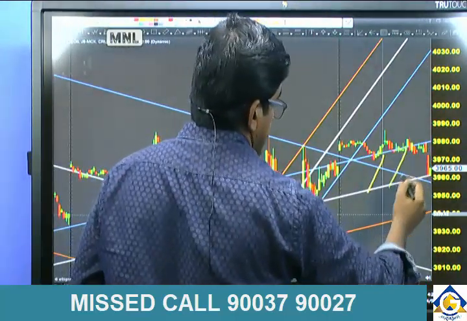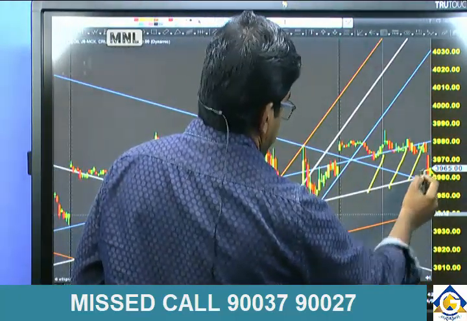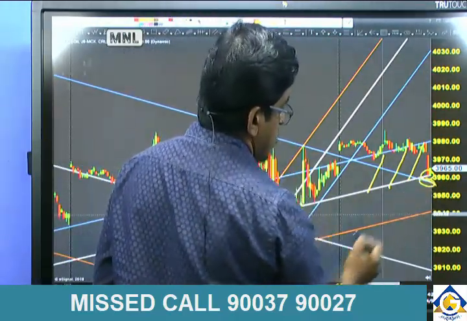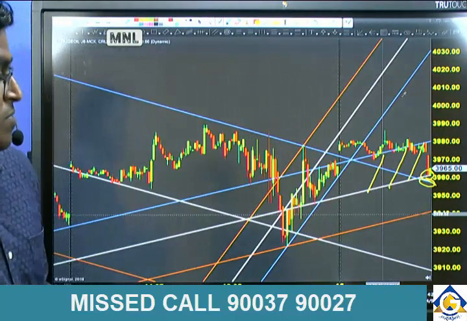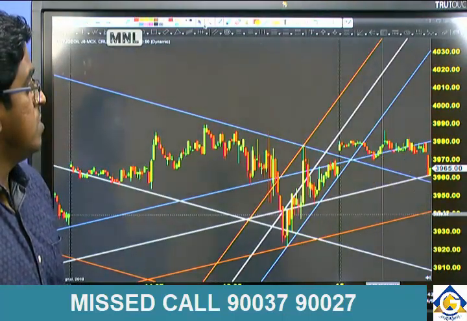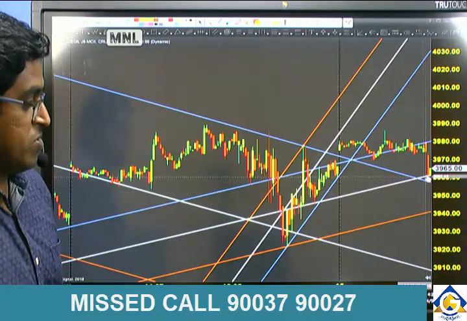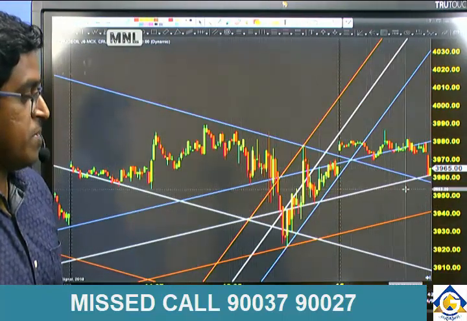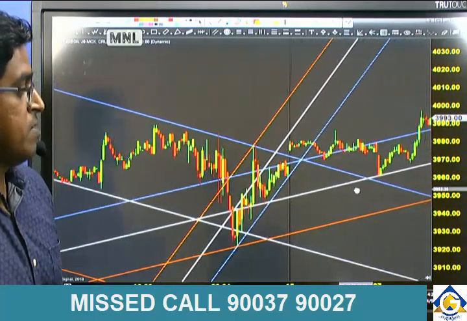Okay, the price is trying to hit it, and the long term blue line is also merging, giving an indication it can be a possible support, because if the price is going to break this, then it is going to be a continuation of the downtrend.